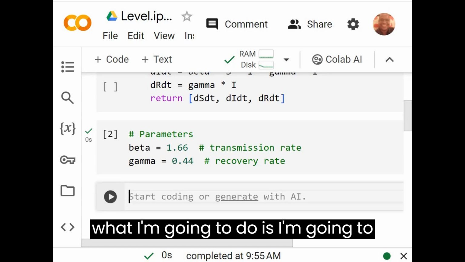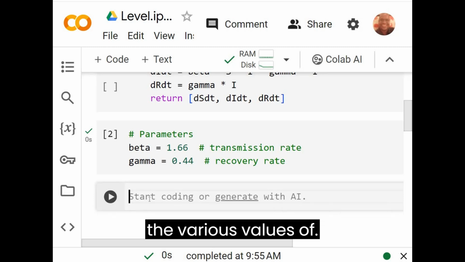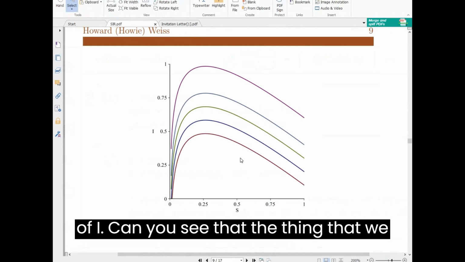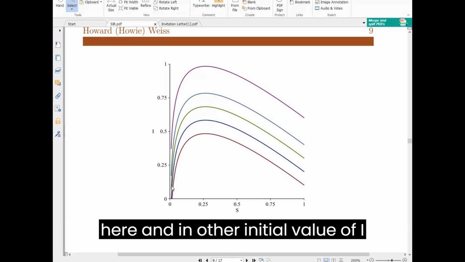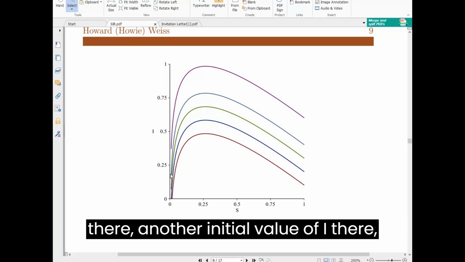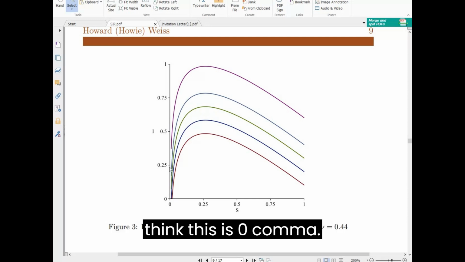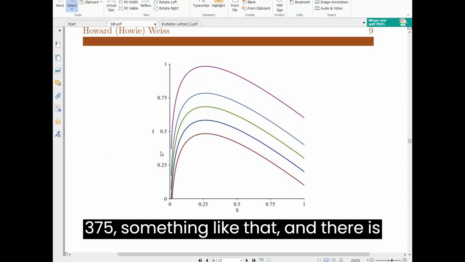I'm going to include the time grid and the various values of I. Can you see that the thing that we are varying here is I, another initial value of I there, another initial value of I there, and another there. So I think this is 0.375, something like that.